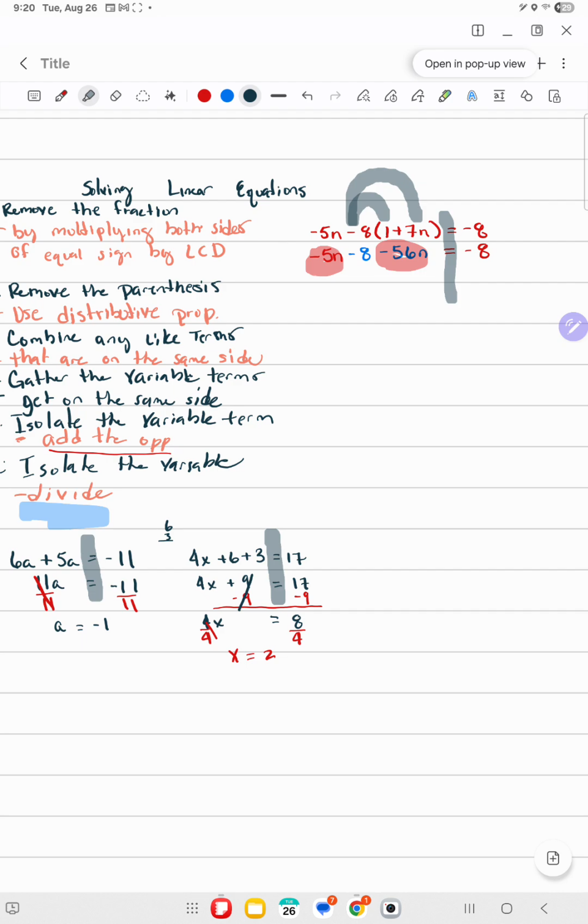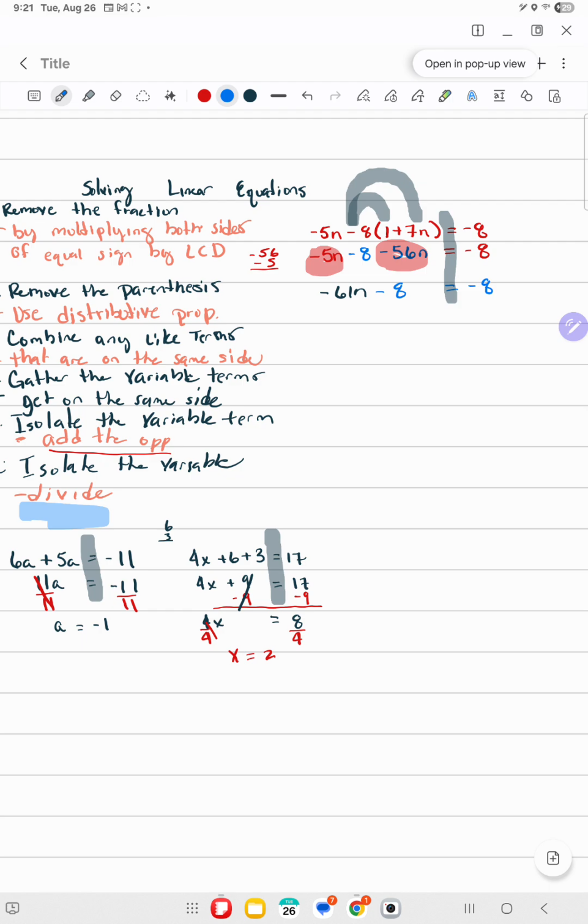They're not opposites. We don't do opposites. Since they're on the same side together, we just combine the like terms. So negative 5 and negative 56 is a negative 61, and n. And the negative 8 still comes down. Equal comes down. So combining like terms has nothing to do with opposites.